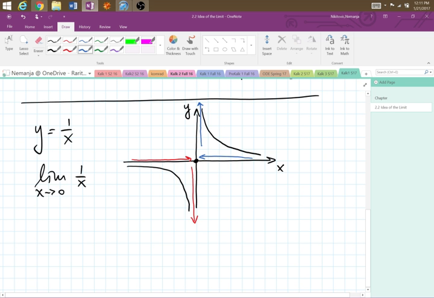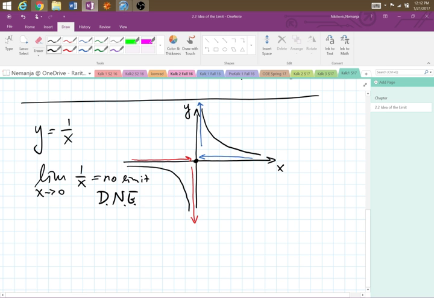So in this case, there is no limit. We say does not exist, DNE, because they did not converge to the same point like they did before, at 9 p.m. In this case, they are infinitely far apart.